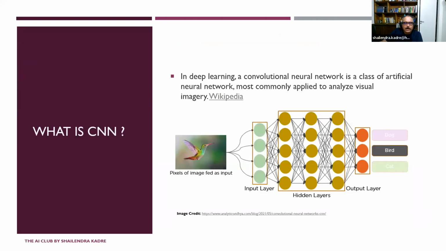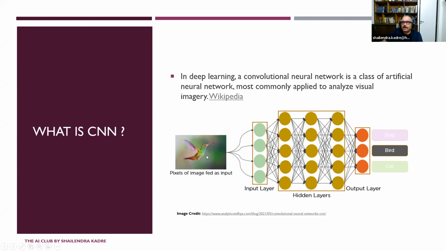What you can see here is more or less an ANN network. You can see the input layer, the output layer, and 3 hidden layers, all densely connected. But what is it used for? It is used for classifying images.